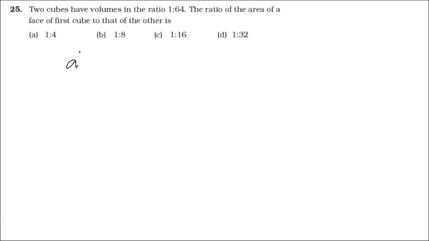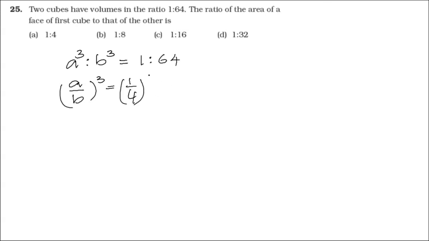You consider like that, A cube is to B cube is the volumes ratio. It is 1:64. When this is known to us, it means A by B whole cube is nothing but 1/4 whole cube, because 4 cubed is 64. With this I can find A by B. This is 1/4.